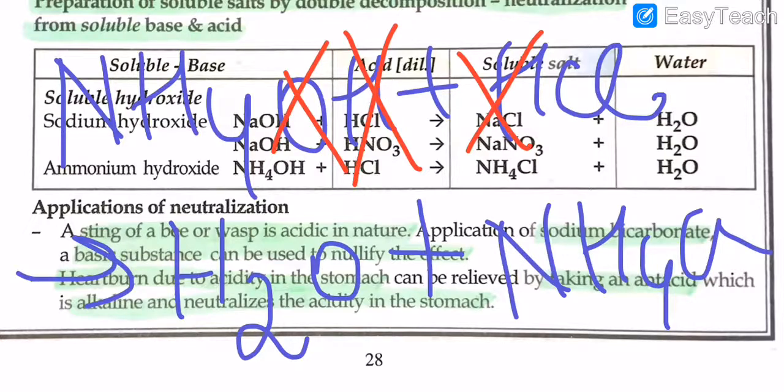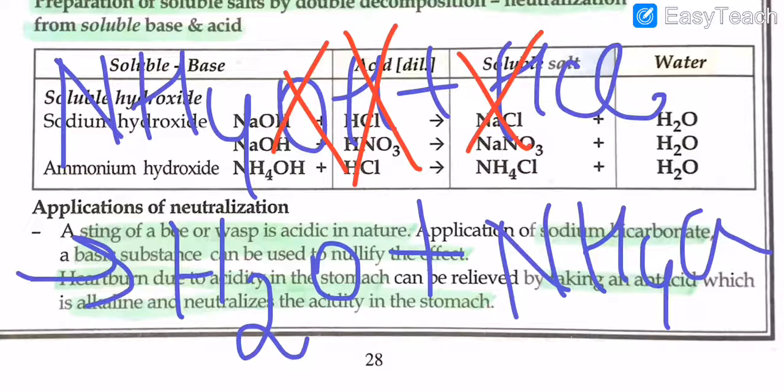Now, applications of neutralization. A sting of a bee or wasp is acidic in nature. Application of sodium bicarbonate, a basic substance, can be used to nullify the effect. So these are some real life examples where these reactions are actually used. The neutralization reaction is not only for your textbook, where you have one base and one acid that give you salt and water.